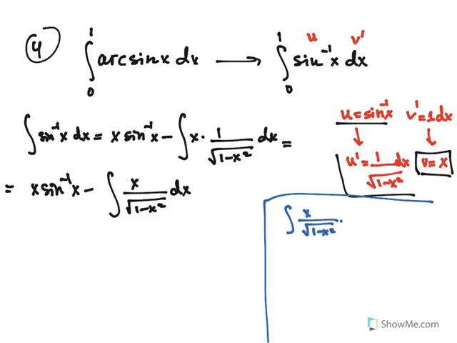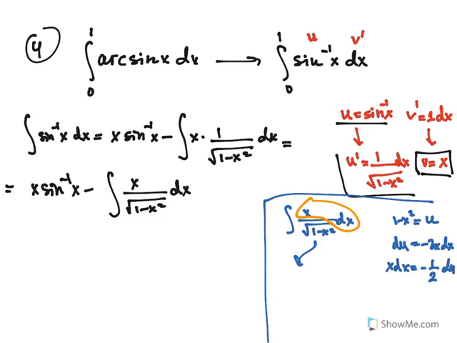On the side, here I would use u substitution. 1 minus whatever looks more complicated equals u. Then du equals negative 2x dx. And that's what we have right here. So therefore x dx equals negative 1/2 du.